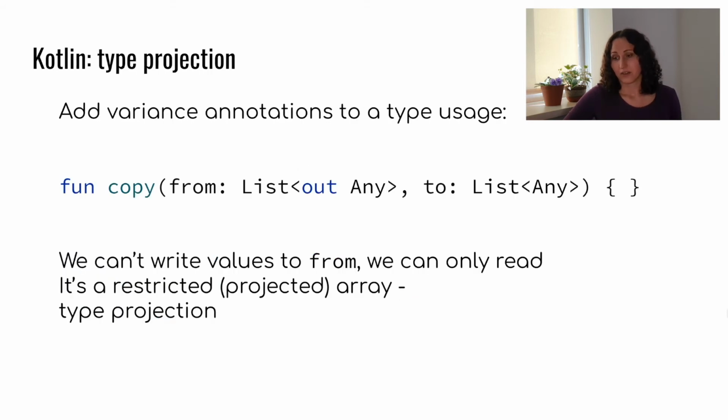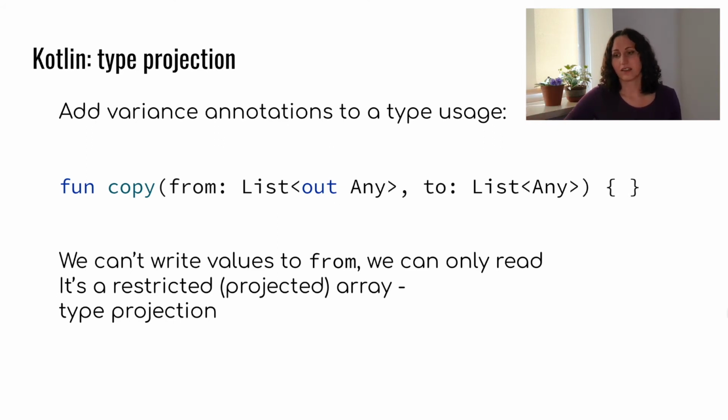And of course, the same keywords, out and in, can be used here again. So we can use our variance annotations at type usage. And for example, here we can implement our function copy by adding the out annotation right in the place where we're using our generic type.